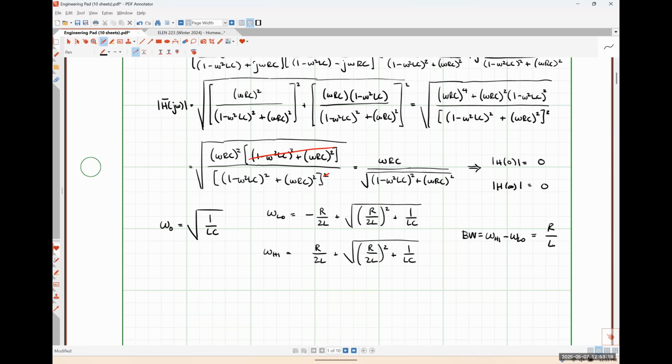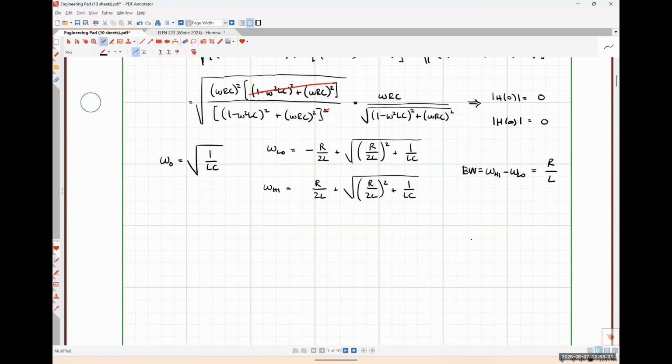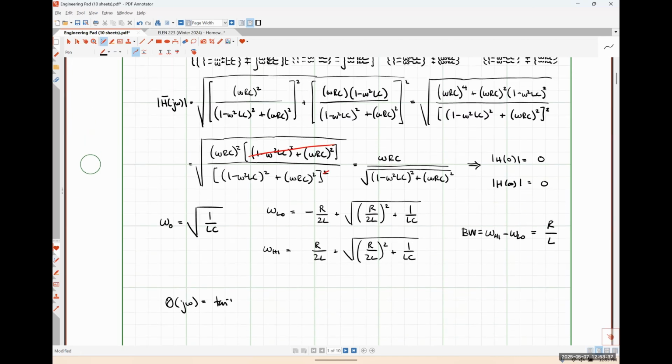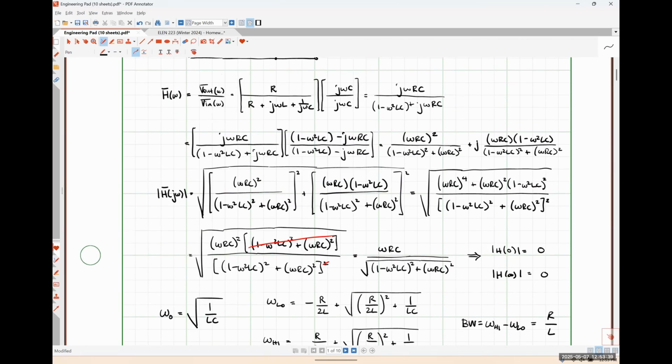Okay. The last thing that we need to sort out here is our phase response, okay? So theta as a function of j omega is, as it has always been, just going to be the inverse tangent of the imaginary part over the real part, right? Notice that both our imaginary and real parts have the same denominators, so we could ignore them.